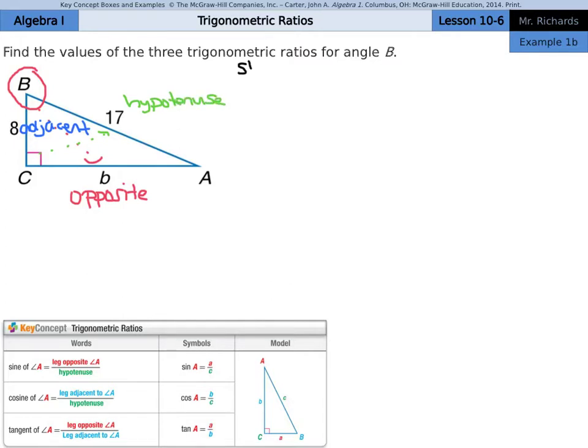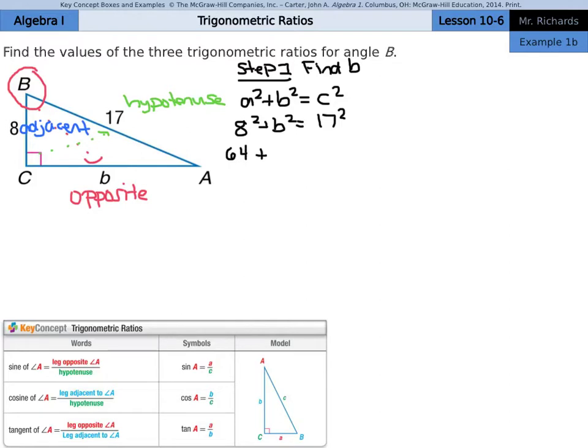So once again, my first step here is going to be finding my missing side, which in this case is B. And we'll use the Pythagorean theorem, a squared plus b squared equals c squared. So we'll take our two legs, which are 8 squared plus b squared equals the hypotenuse, which is 17 squared. 64 plus b squared equals 289.